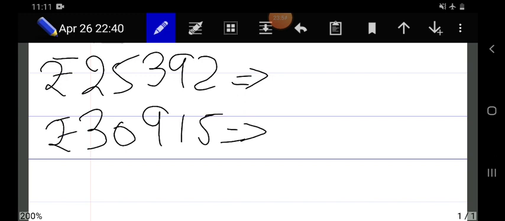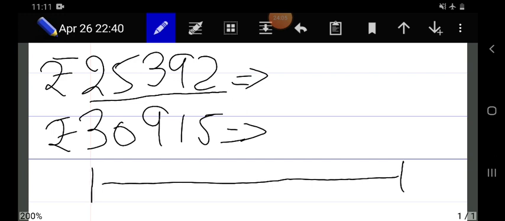If nothing is given that you have to estimate to the nearest 1,000 or 10,000, and it is simply given that you have to estimate, then we always estimate a number to its highest place value. Like in this number, 25,392, the 392 part is the ones.